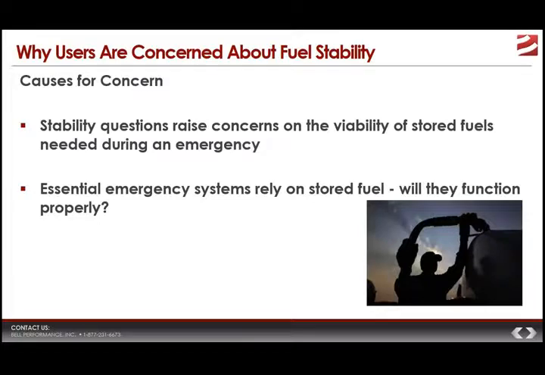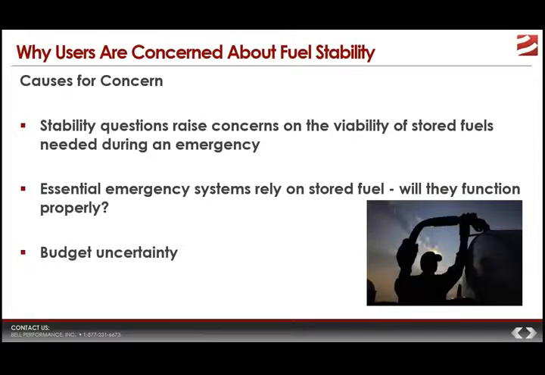Emergency systems and what we call critical use systems or mission critical systems like hospitals rely on stored fuel. And they can't have questions about will that fuel function properly when they need it to, because if it doesn't, you can have some pretty costly problems.